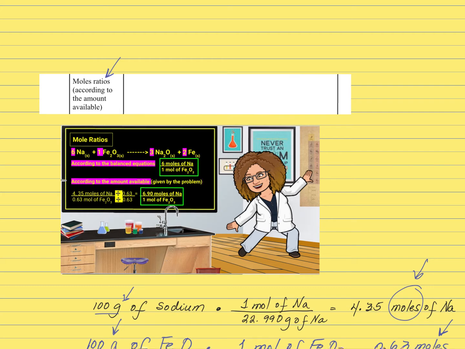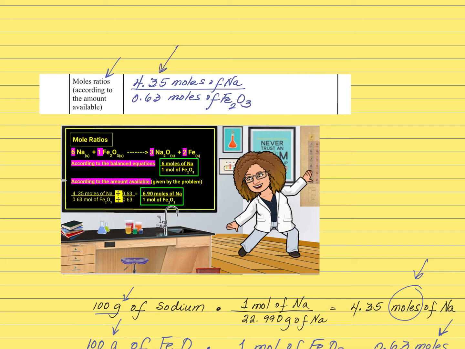Remember that you're going to start with either the iron trioxide or the sodium. I'm going to start with the sodium because it's the biggest number. So according to my problem, I have 4.35 moles of sodium that are reacting with 0.63 moles of iron trioxide.